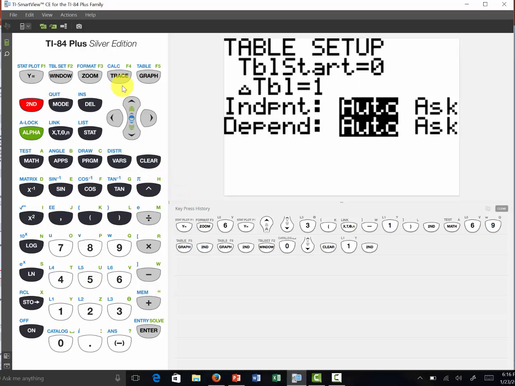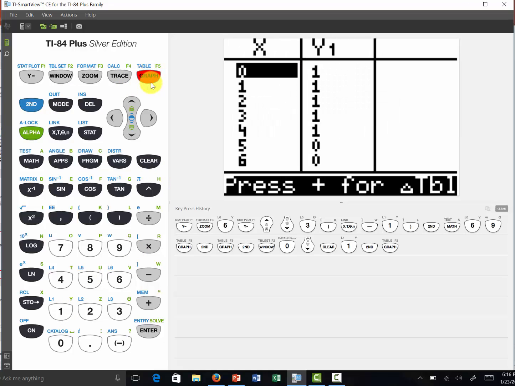So now I hit second and graph again, and we see values less than 4 report a 1, and since 4 is less than or equal to 4, it reports a 1, but as soon as we go beyond 4, we get a value of 0. It may be wise at times that we want to not count by 1, but maybe a half or a tenth.